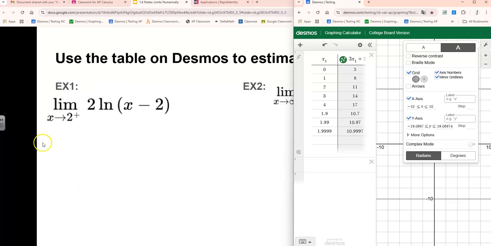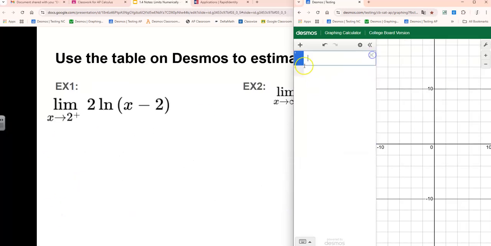So let's look at a couple examples here. For this one, we are supposed to do the limit as x approaches 2 from the right of 2 natural log of x minus 2. Okay? I want us to try to do this numerically.